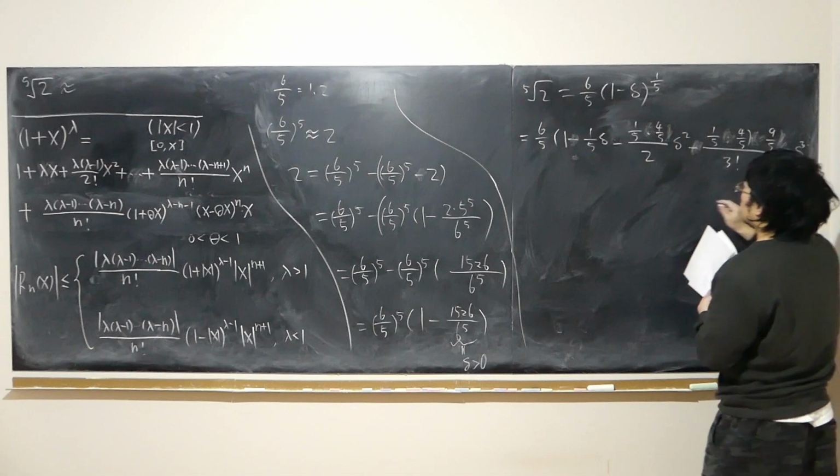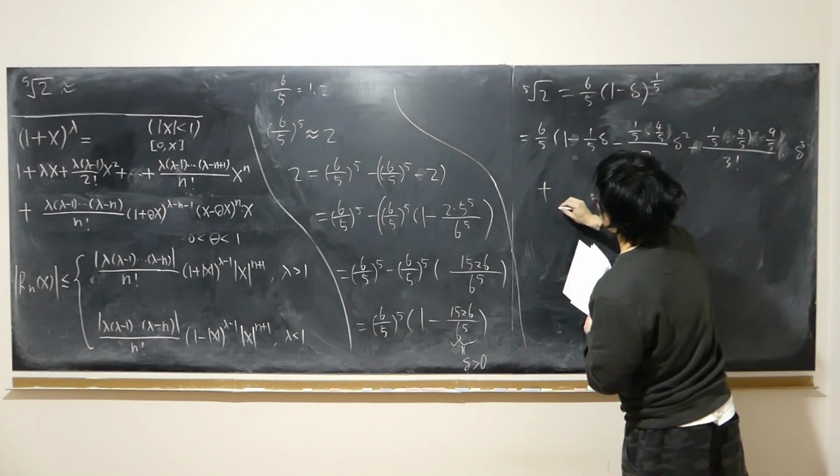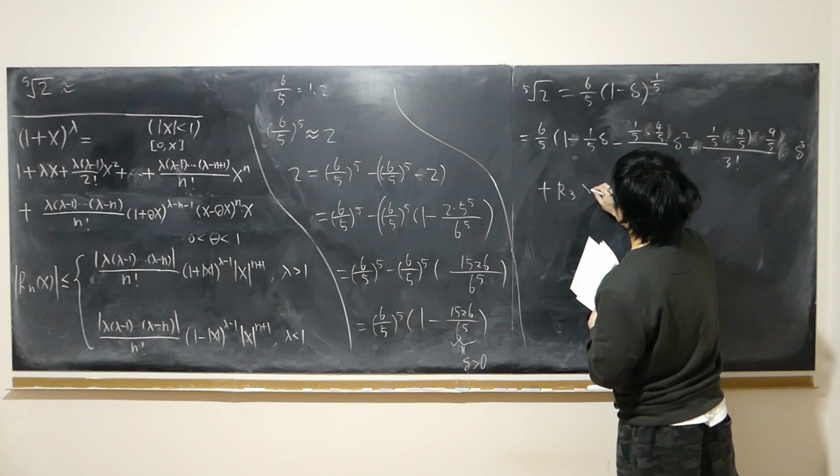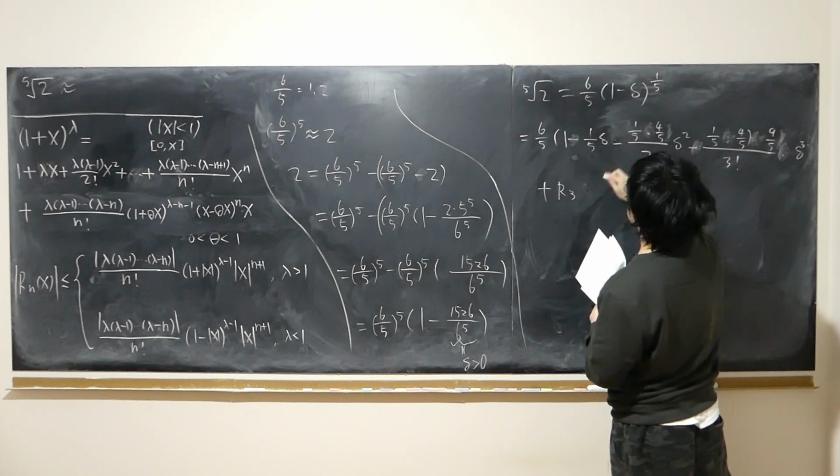Then maybe I just plus a Cauchy remainder, R3 of x. X is minus delta.